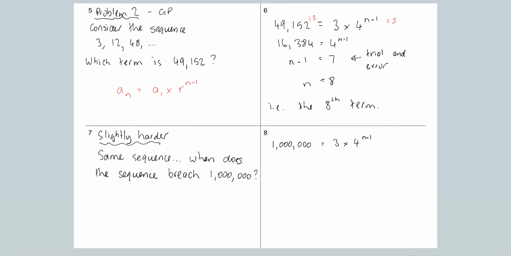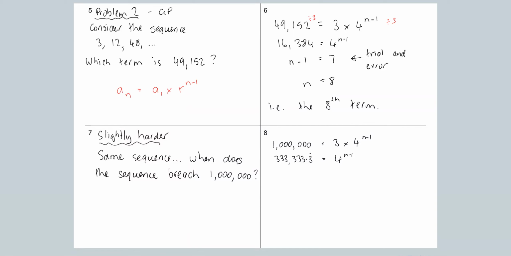Now the process remains the same as we did for the example above. We divide both sides by 3, and we get 333,333, and because it's easy, I'll write it exactly, 0.3 recurring. That's what the dot above the 3 means, remember, is equal to 4 to the power of n minus 1.